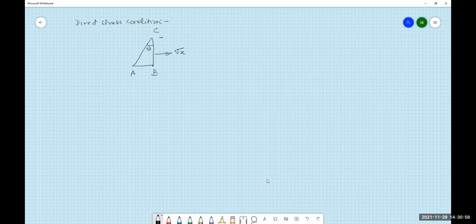This is the length dy, this is the length dx, and this is the length ds. Now sigma theta multiplied by ds, the length of this side AC multiplied by the thickness 1, is equal to the forces.